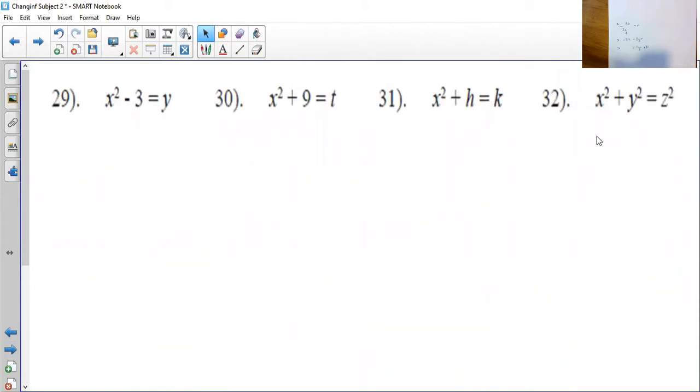So on this slide, what do we notice? We notice that we've got x squareds rather than x's. So how are we going to do the first one? Should we do the first one together, and then I'll give you 5 minutes to do the next 3. Okay, so x squared minus 3 equals y.